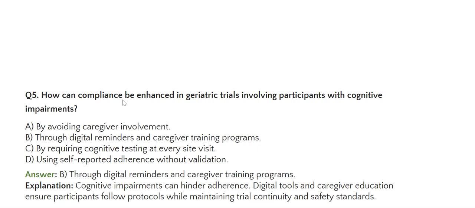Question 5: How can compliance be enhanced in geriatric trials involving participants with cognitive impairments? A, by avoiding caregiver involvement. B, through digital reminders and caregiver training programs. C, by requiring cognitive testing at every visit site. Or D, using self-reported adherence without validation. So the answer is B, through digital reminders and caregiver training programs.